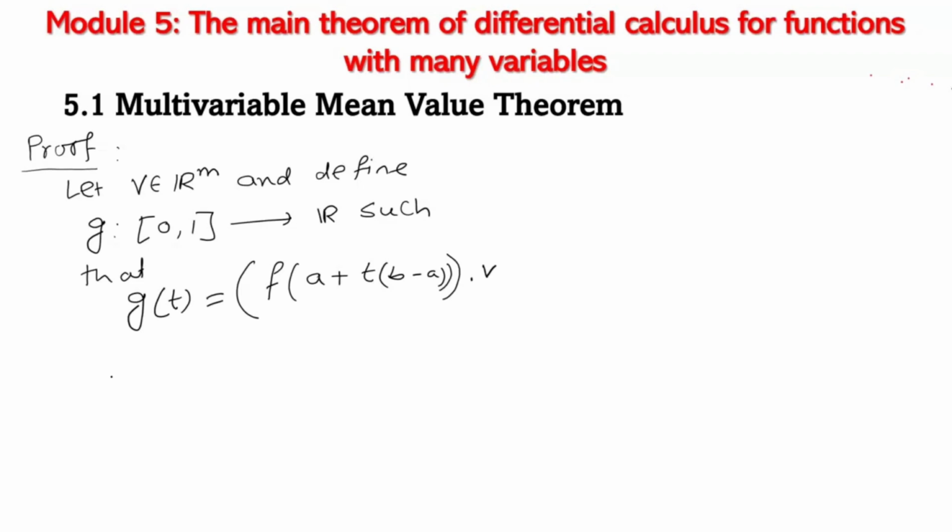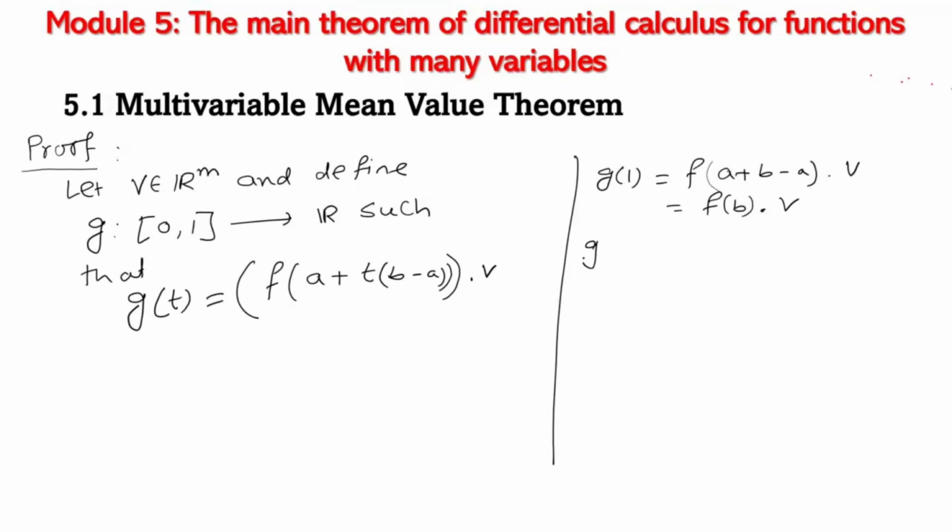We can note here that g(1) = f(A + (B − A)) · v, so this equals f(B) · v, and g(0) = f(A) · v.